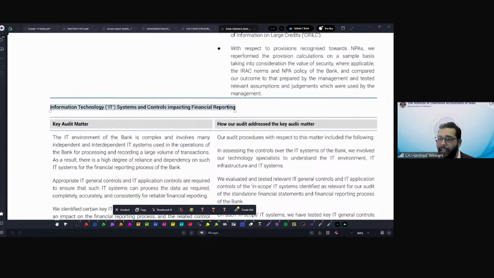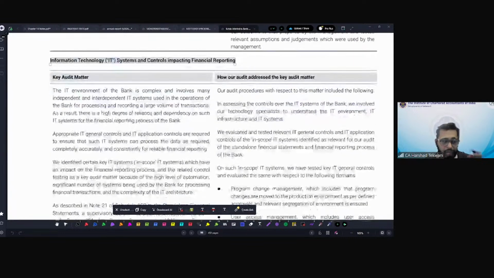At the end, a bank is dealing in financial matters. So we will read this key audit matter for a minute and see what the auditor is doing against that particular area.